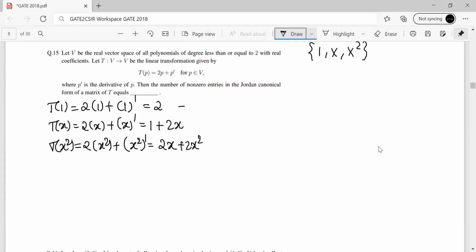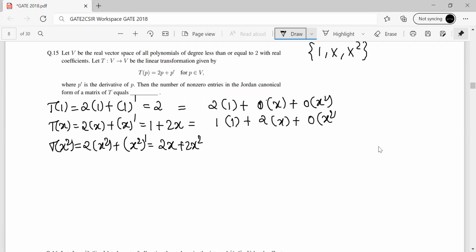Now write down their linear combinations. So we get 2 times 1 plus 0 times x plus 0 times x square. For this you have 1 times 1 plus 2 times x plus 0 times x square. Here you get 0 times 1 plus 2 times x plus 2 times x square.